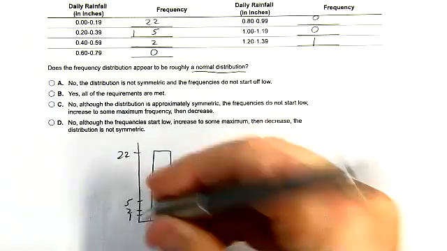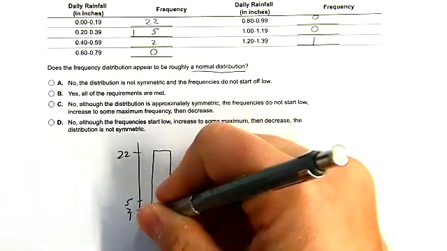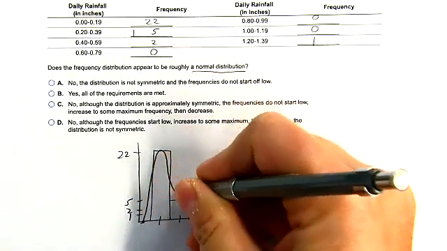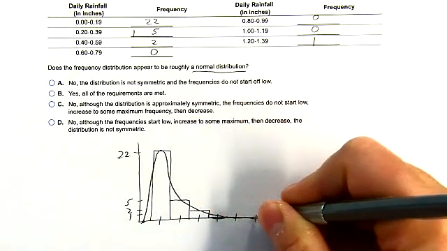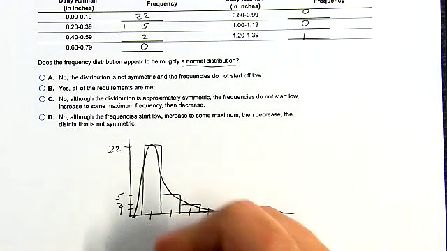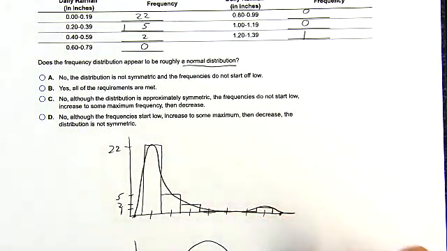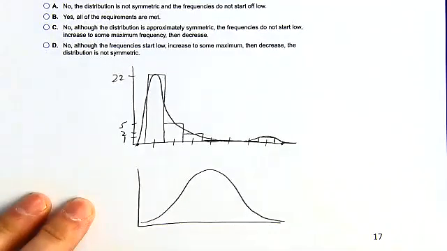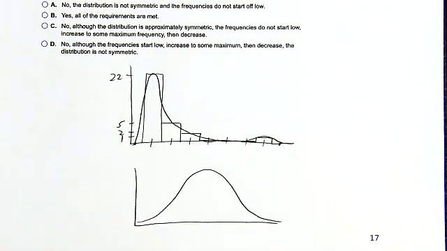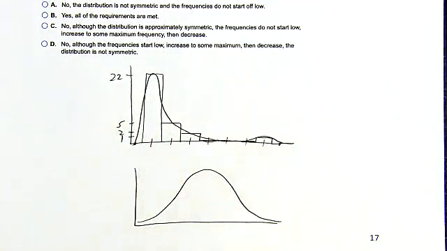And I think we can all quickly connect these dots and look at the shape. Does that shape look like a normal curve, which should look like this? Hopefully you would all say no, right? Hopefully you can pretty quickly say, wait a second, this shape does not look like that at all.